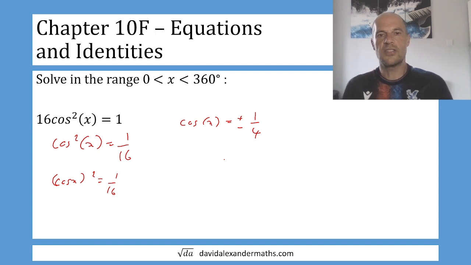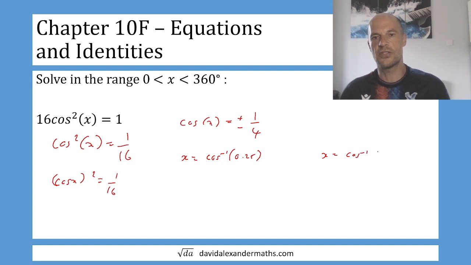So what we need to do here is two things. So x is the inverse cos of 0.25, and also x is the inverse cos of minus 0.25. So let's start off with plus 0.25. So 0.25 shift cos, the answer we are getting, and again I'm just going to round that to 76.